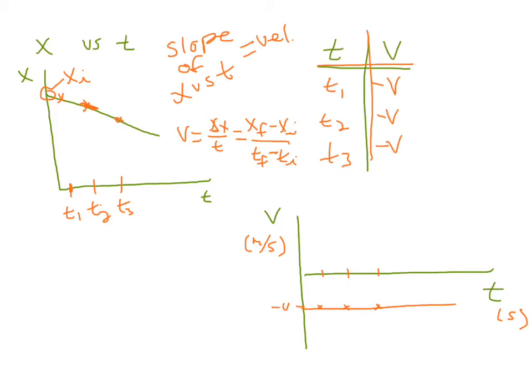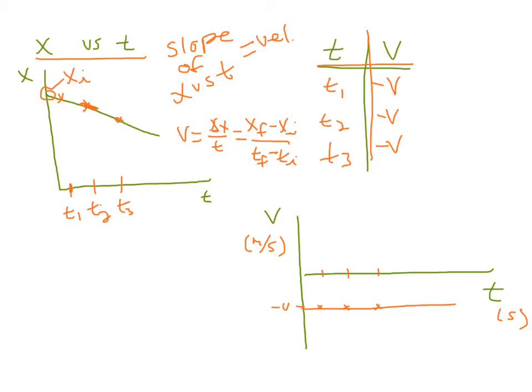And the horizontal line is good because it tells me that the velocity is not changing. The velocity is staying at some constant, in this case negative, value, and that's exactly what we talked about our car in our x versus t graph has: a negative constant velocity.